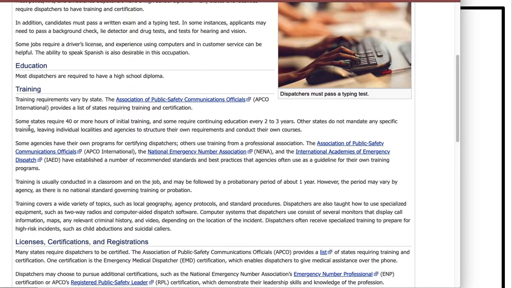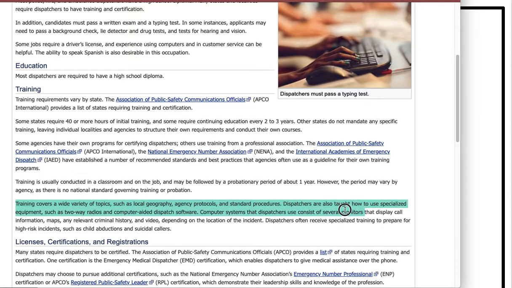So training varies by state. Some states require 40 or more hours of initial training. Some require continuing education every 2 to 3 years. Other states don't mandate any specific training. Some agencies have their own programs. Training is usually conducted in a classroom and on the job. Training covers a wide variety of topics, including geography, agency protocols, and standard procedures.